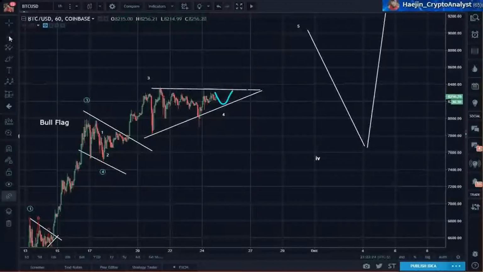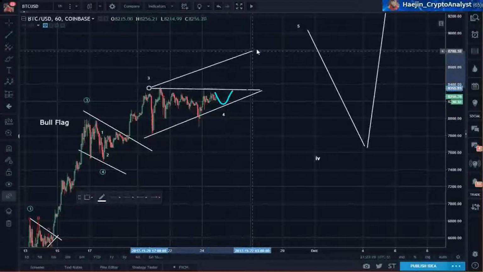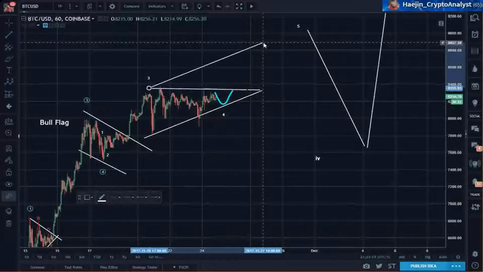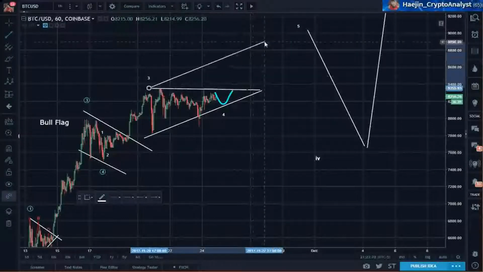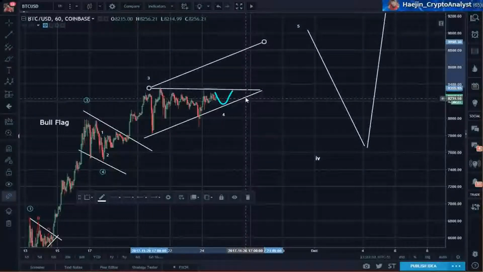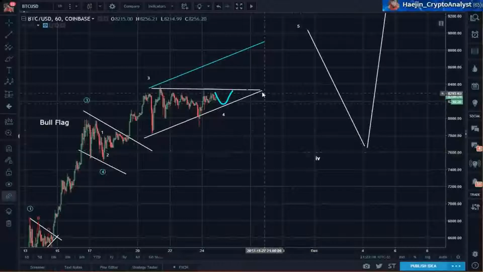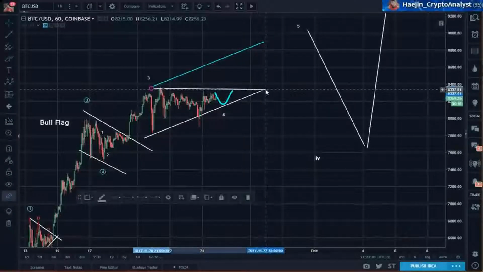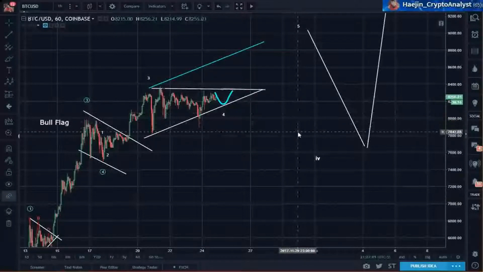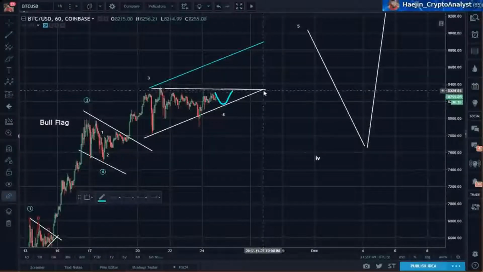Let's calculate the minimum price travel for this. To do that, I draw a parallel line to this ascending line. Then I take another line and draw from the apex, which is where the 2 lines of the triangle intersect.